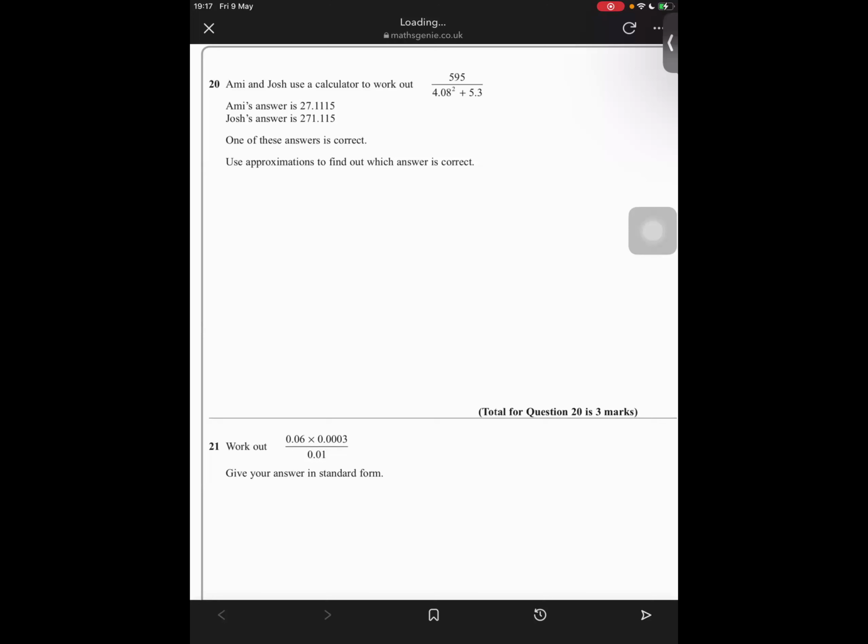You know, 4 squared is 16, right? So do you think we should approximate it further to become 15?